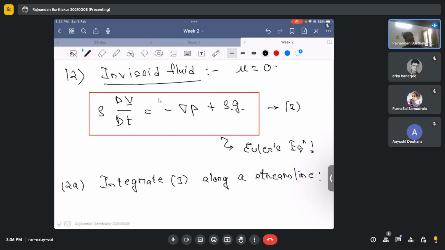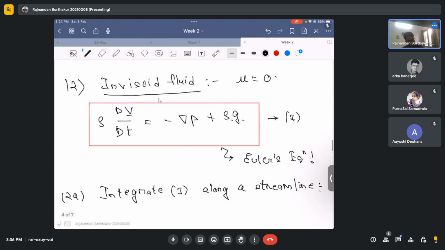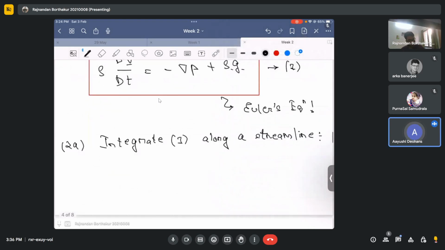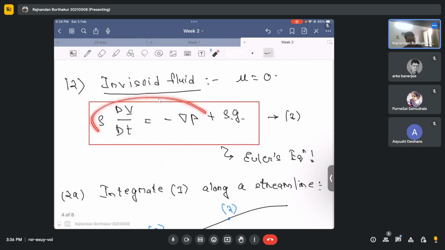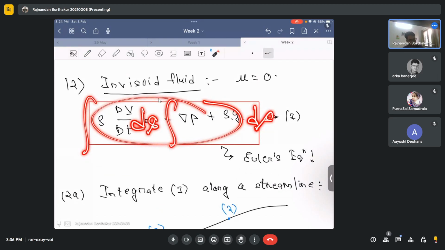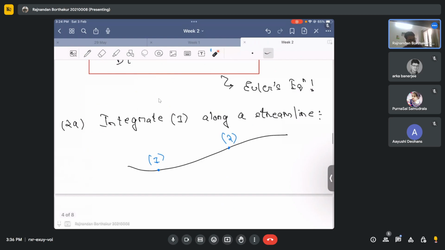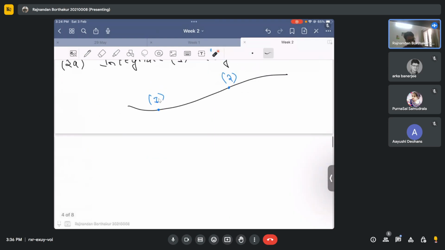Bernoulli equation. Exactly, we get Bernoulli's equation. That is very nice. So if we integrate this Euler's equation along a streamline, let's say this black line denotes a streamline from point 1 to 2, with elemental length ds, and integrate both sides, we eventually end up with Bernoulli's equation, which looks as you all know.